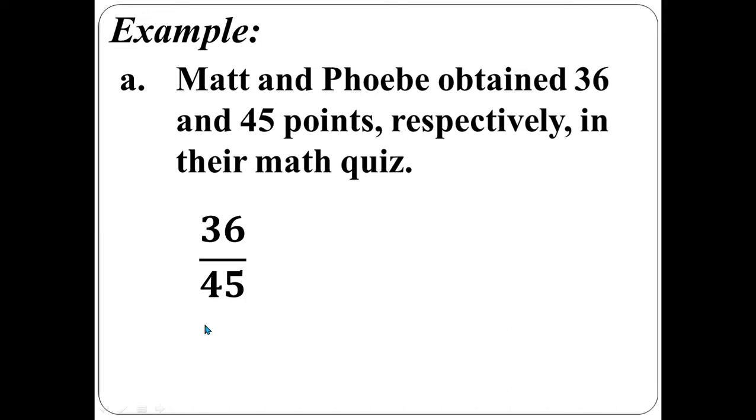And the possible integer is 9. So 36 divided by 9 is 4, and 45 divided by 9 is 5. So the ratio is 4 over 5, or we can also write it as 4 is to 5.